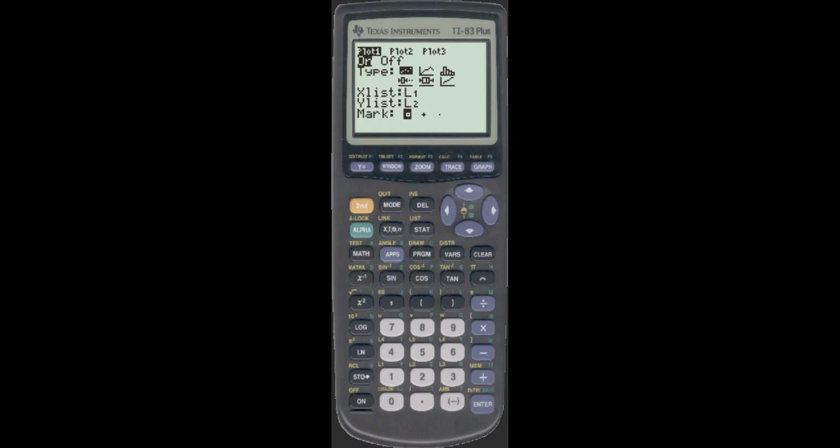They choose the one on the left, which is the one I was going to mention. And then you have to choose L1. Now, what's kind of cool here is you can also do Plot 2. You can go to Plot 2, hit enter on that one, turn it on, do the same thing, select that box plot, and then change that one to L2.